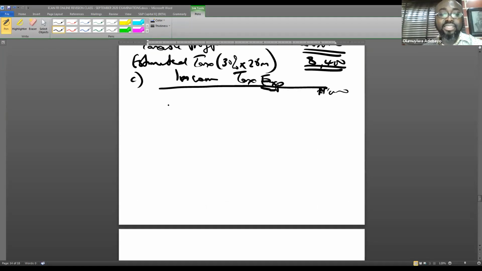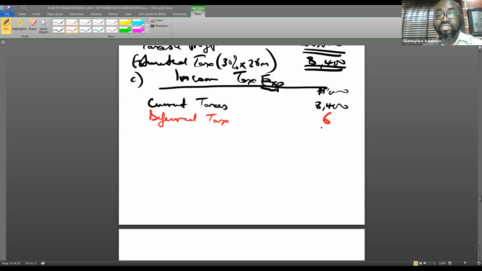Is my current tax, which is 8,400, and my deferred tax, which is additional charge 600. Therefore, I have my total income tax to be how much? 9,000.